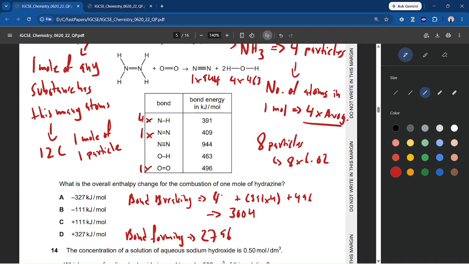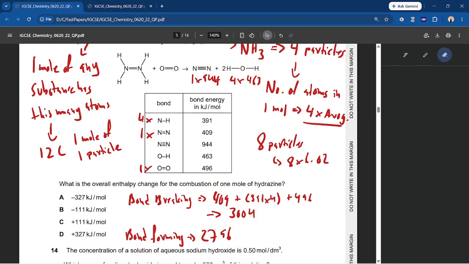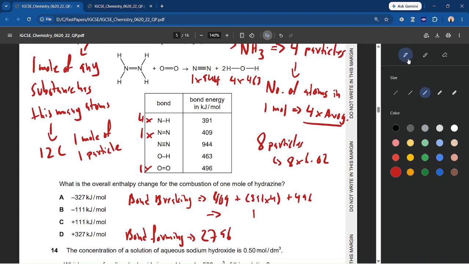So this will be 409, actually. So 409 plus 391 into 4 plus 496. So that's going to give us 2469.